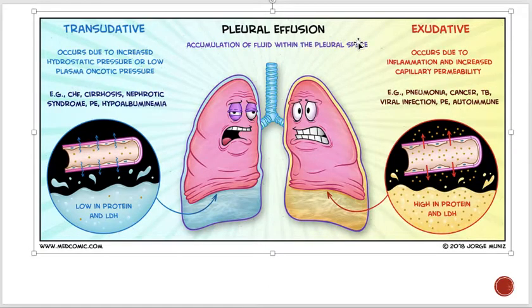When there is a significant volume which is detected clinically or on chest radiograph, as I showed you, approximately 300 milliliters of fluid should be present so that it can be visible on chest radiograph. Less than that is not visible on chest radiograph. More than 300 ml is visible on chest radiograph.